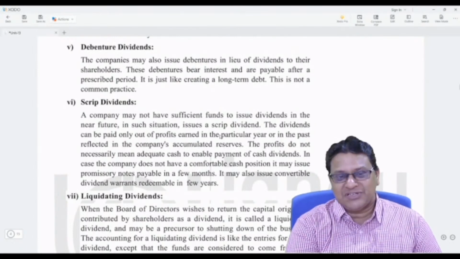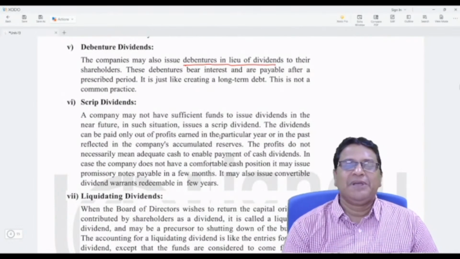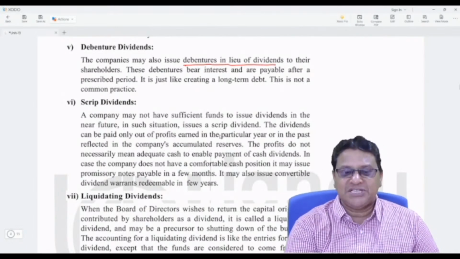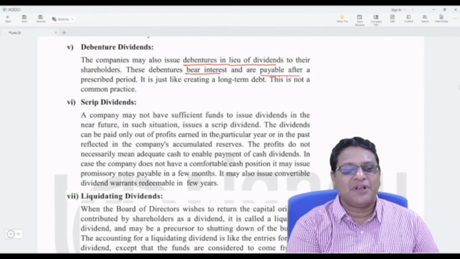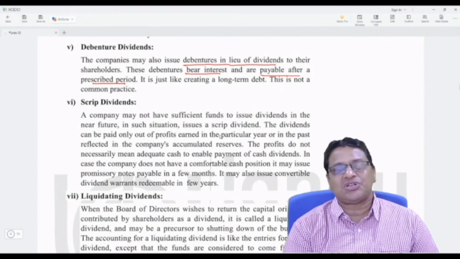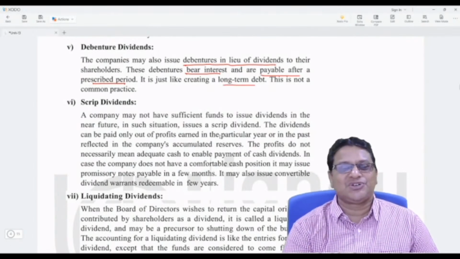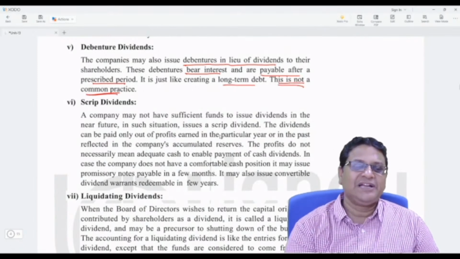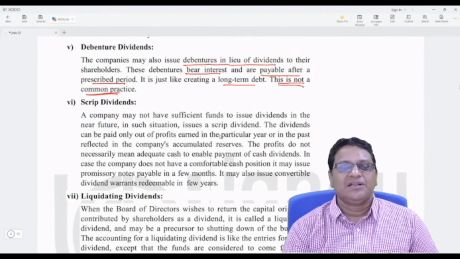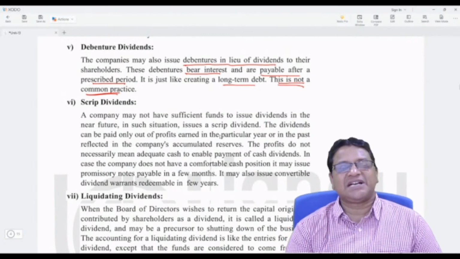So if debentures are issued in lieu of dividend, that is known as debenture dividend. The debentures carry interest and are payable after a prescribed period. It is just like creating a long-term debt. So this is not a common practice. In India, also this type of dividend is not allowed. In India, stock dividend and cash dividends are allowed.